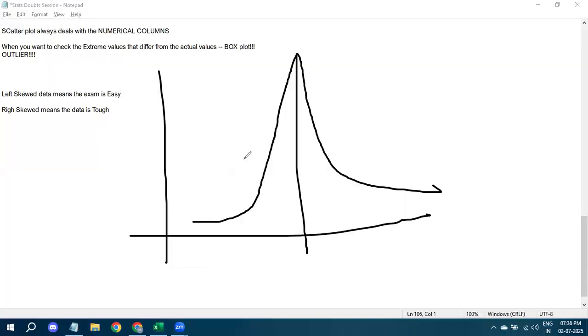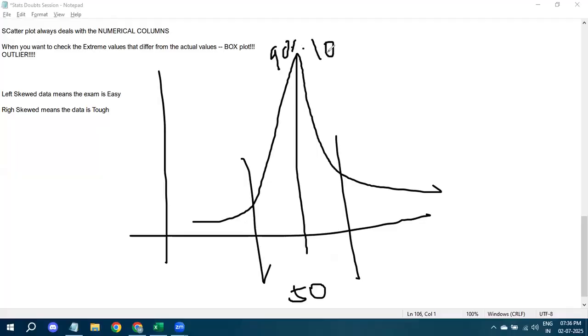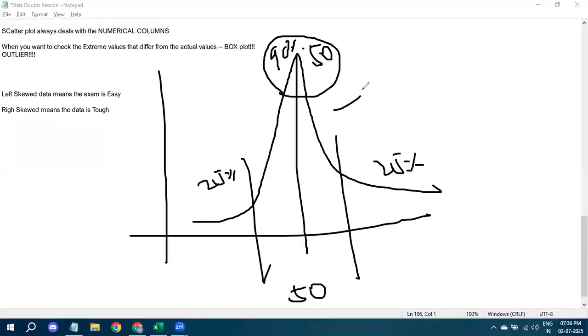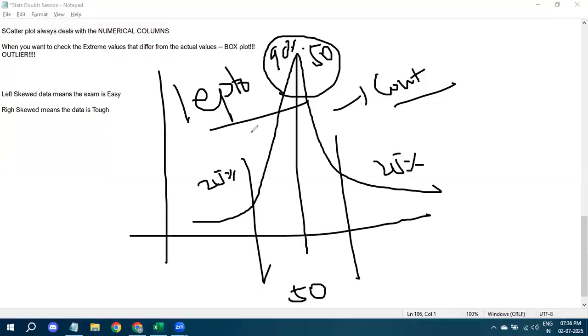For example, out of 100 students, 50 students scored 90 marks, whereas the rest of the students fall on either side, very few. It is the same distribution, but the peak over here, the count will be more. Then it is called leptokurtosis.